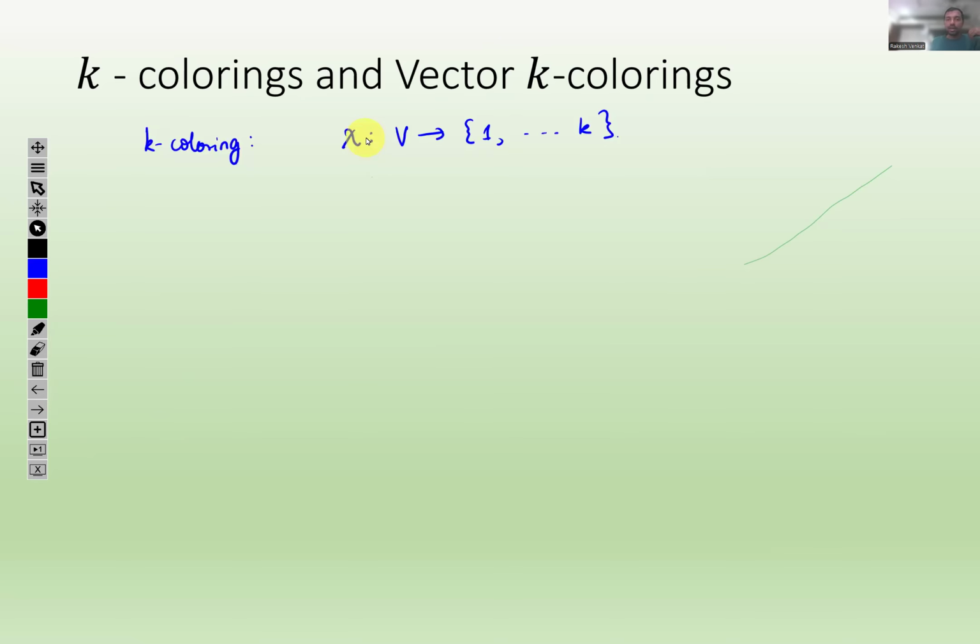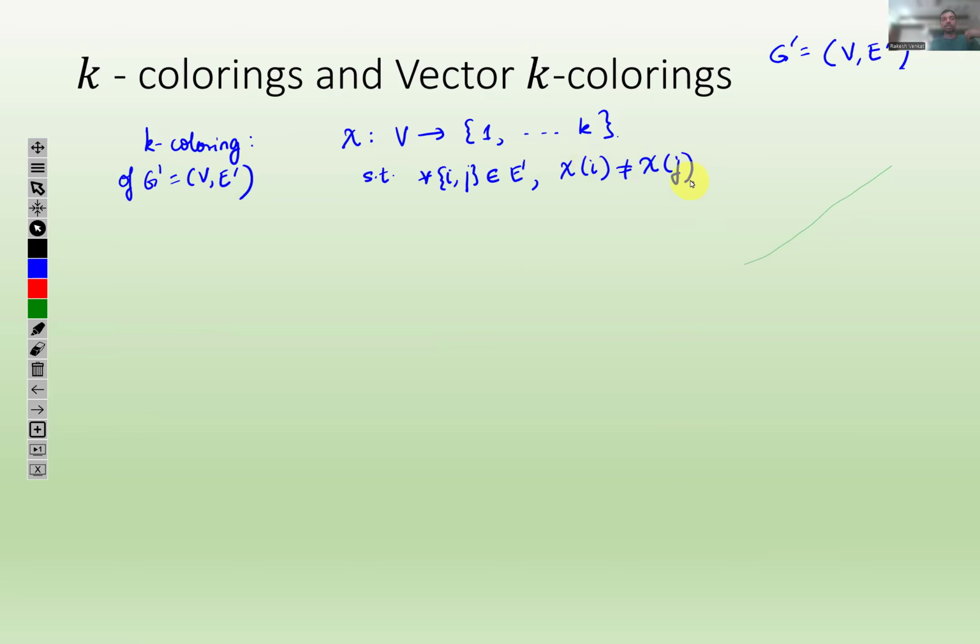Chi of any I gives me a number in 1 to k, which is the color of that particular vertex, such that, for clarity, let me call this G prime, because I'm looking at the complement graph. So E prime is E complement. For all ij in E prime, chi of I should not be equal to chi of J. This is a K coloring.